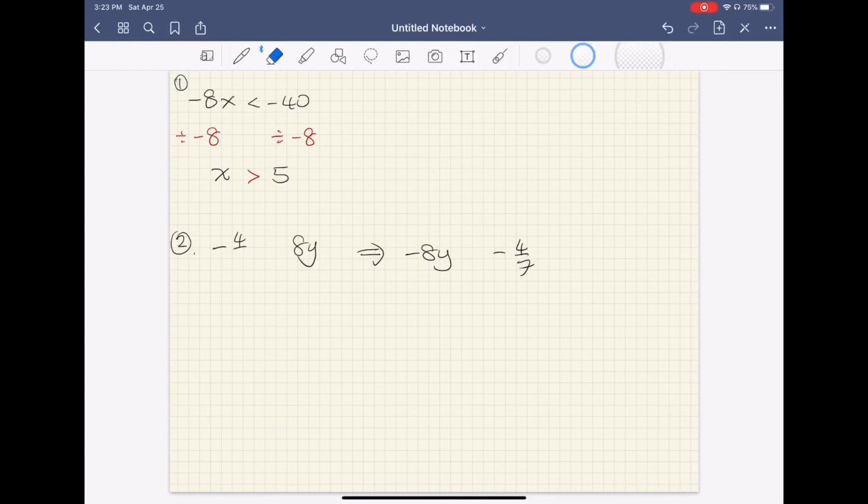So instead of negative 4 over 7 less than negative 8y, it becomes negative 8y greater than negative 4 over 7. When you switch sides, the opening of your sign is always toward the same term.